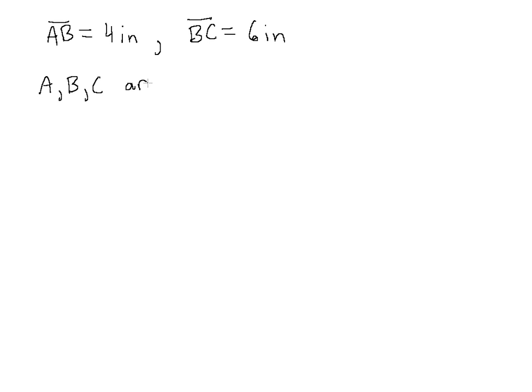All right, we have time to do a few more. Let's say we have the line segment AB, and we're told that the distance of this line segment is 4 inches. We're also told that the line segment BC is a distance of 6 inches. And we're also told that the points A, B, and C are collinear. All collinear means is that these 3 points all lie on one line.